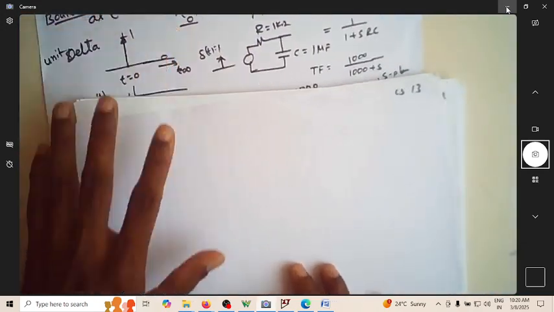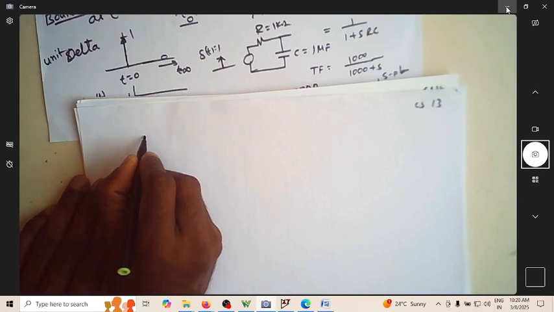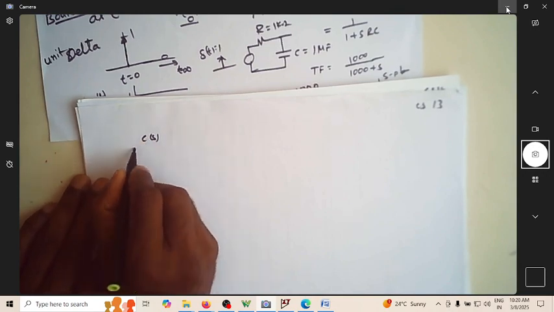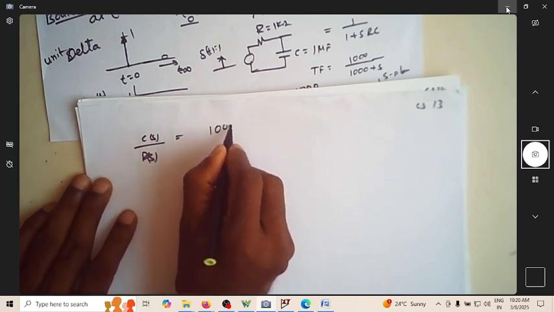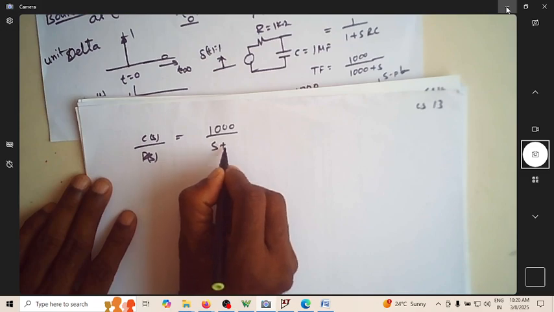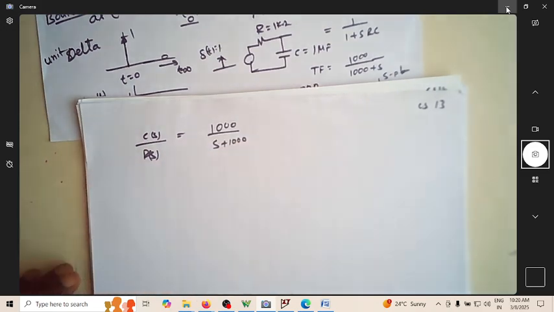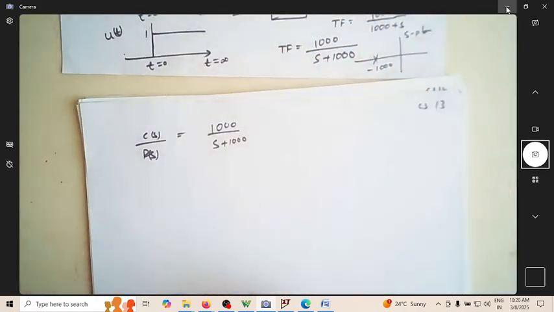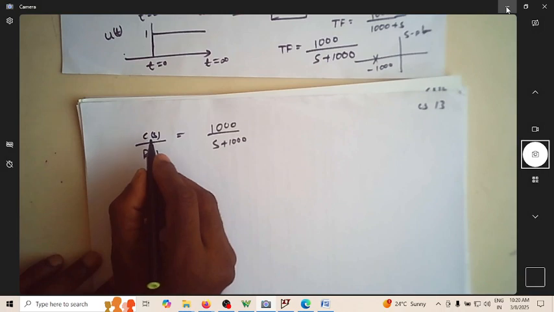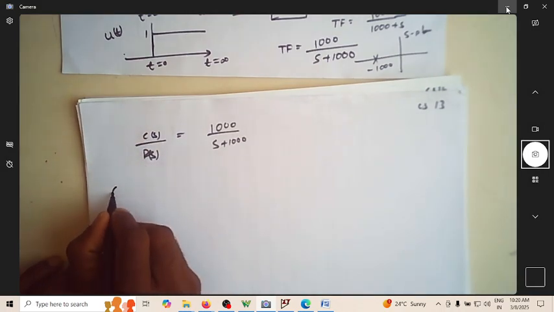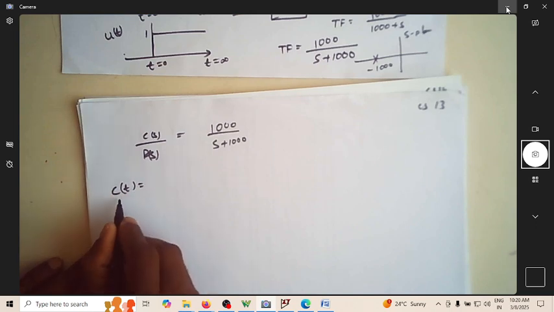What you have is C(s) by R(s) equal to 1000 by s plus 1000, correct? This is what you have. What you want to know is what actually is c(t)?